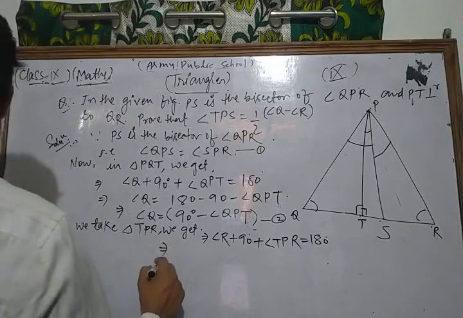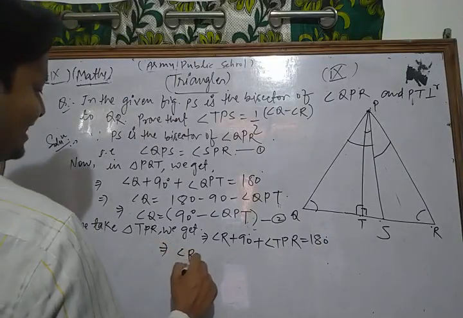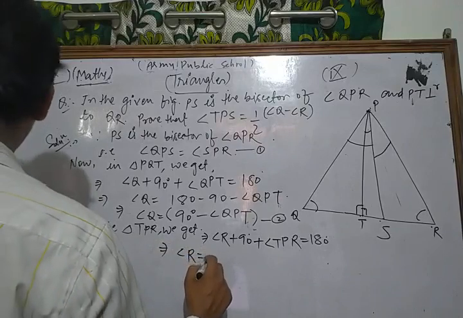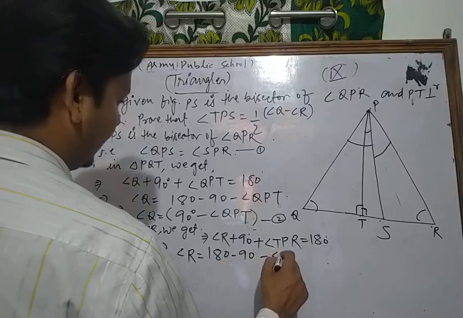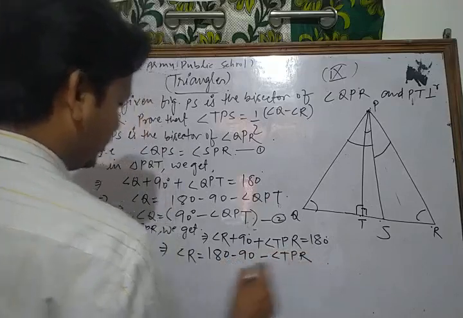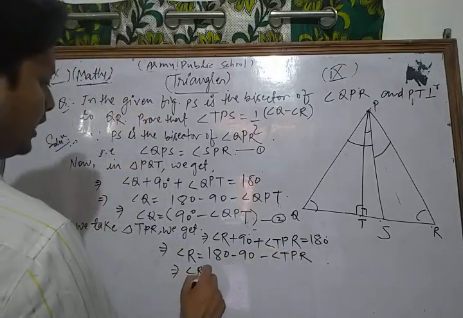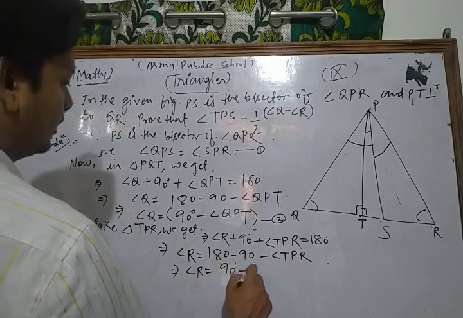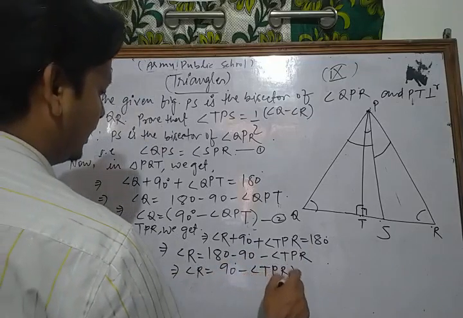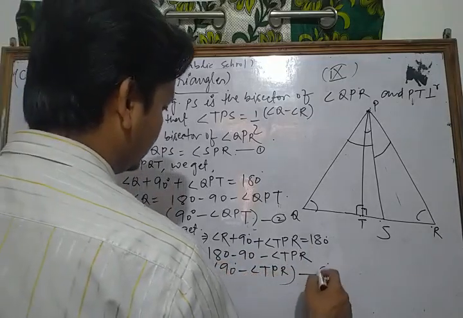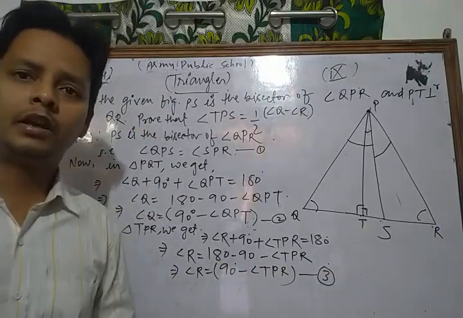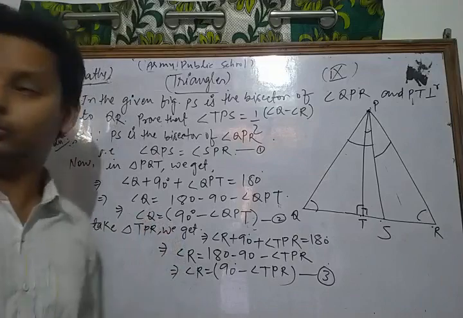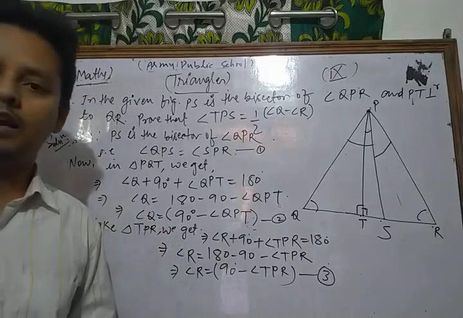From there, angle R is equal to 180 degrees minus 90 minus angle TPR, so angle R is equal to 90 degrees minus angle TPR. Take this as equation number 3. In this way we get the value of angle Q as well as angle R.